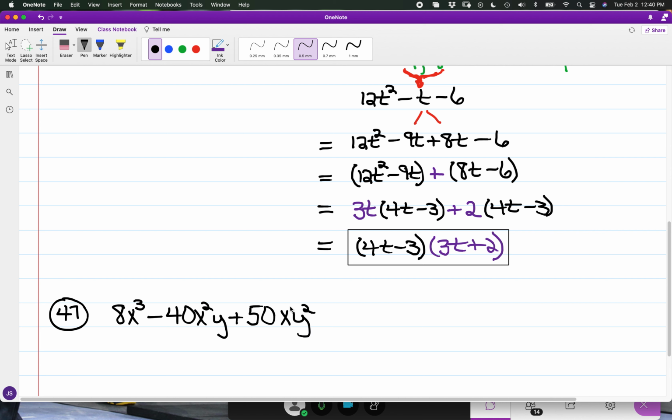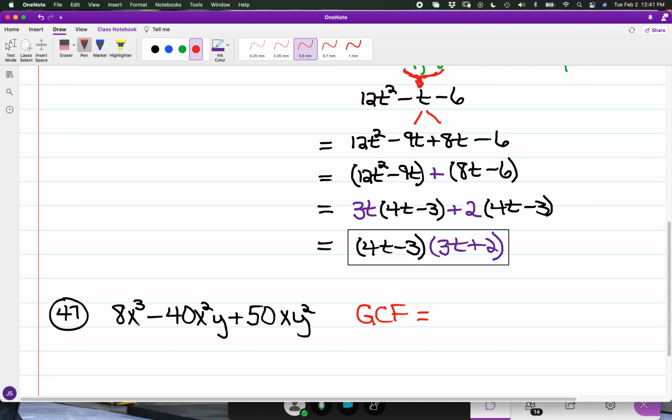If you notice, first of all, before we try to factor into binomial expressions, we want to see if there's a greatest common factor other than just 1. And if you notice, we have even coefficients throughout. So you have 8, negative 40, and 50.